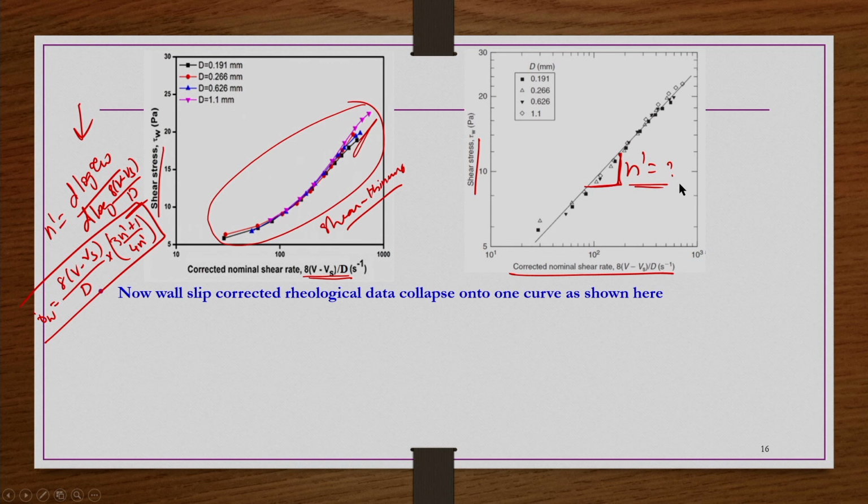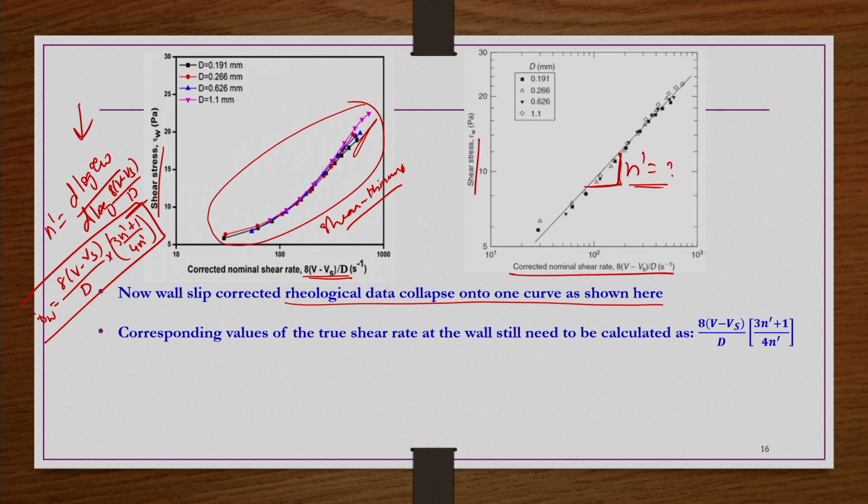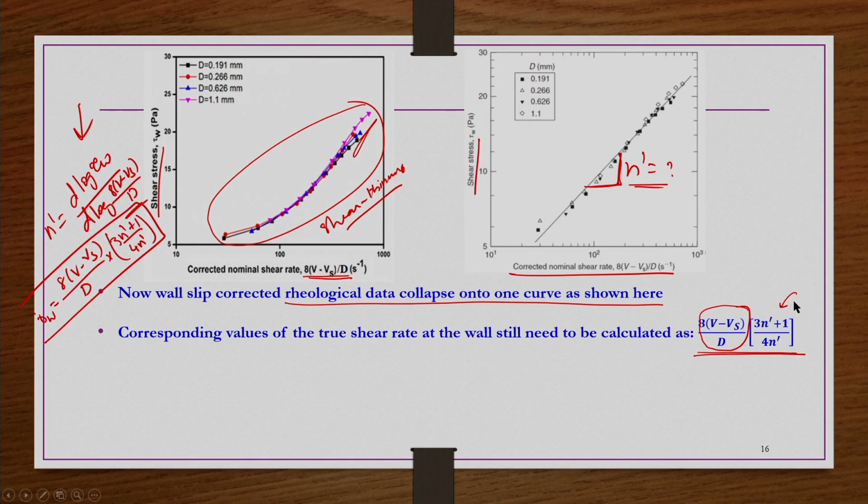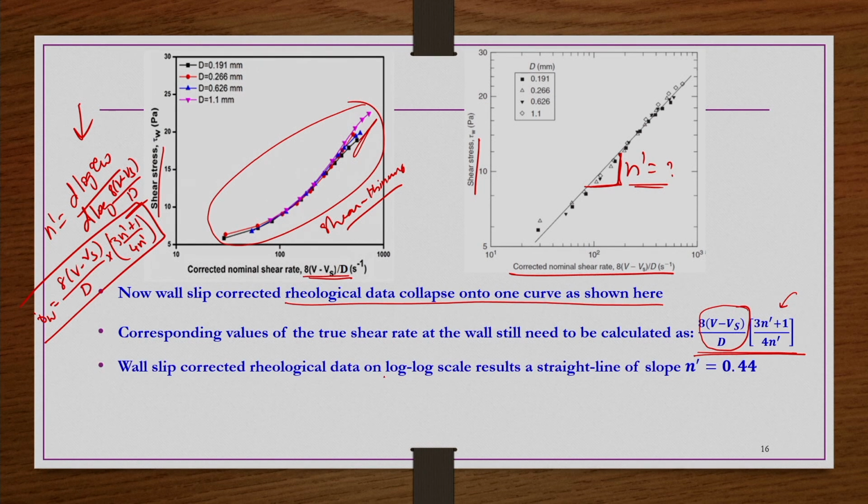Okay. So now the wall slip corrected rheological data collapse onto one curve as shown above, and the corresponding values of the true shear rate at the wall still need to be calculated, because 8(V minus Vs) by D is nothing but the corrected nominal shear rate. The true shear rate you will get only when you multiply this by the factor (3n prime plus 1) by 4n prime. The wall slip corrected rheological data on log scale results in a straight line of slope n prime 0.44.